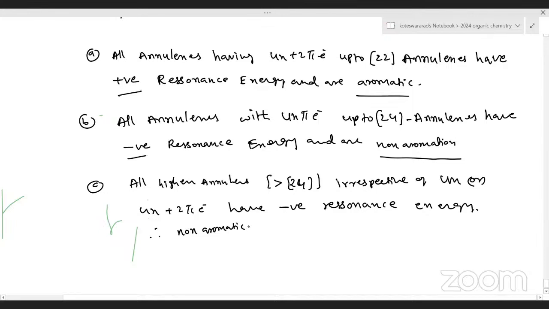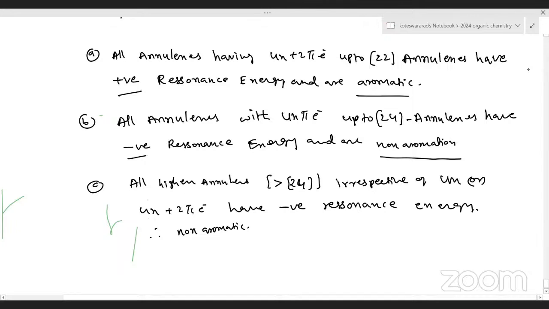Okay. These three points of explanation by Dewar and Gleicher, whatever the exemption or limitation is: the first limitation is that up to 24 or 26, annulenes obey Hückel's rule, and higher annulenes, irrespective of the presence of 4n or 4n plus 2 electrons, are non-aromatic. This is not explained by Hückel. This limitation is explained by these two scientists, Dewar and Gleicher.